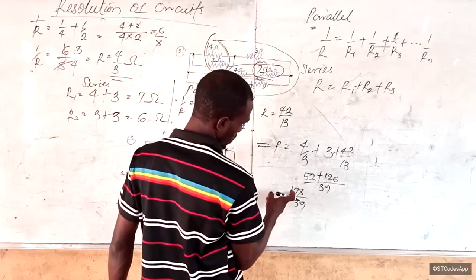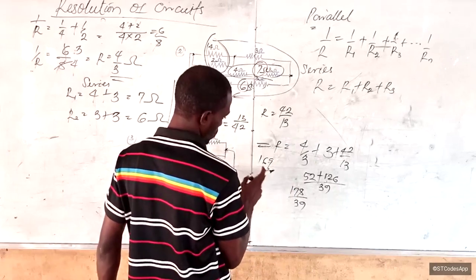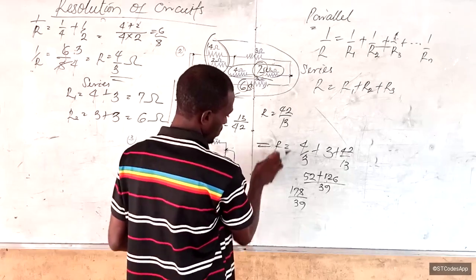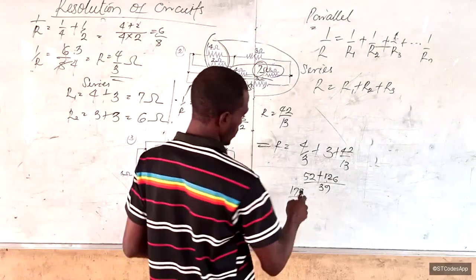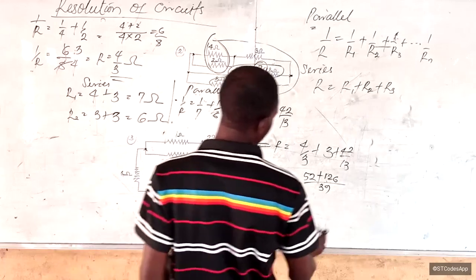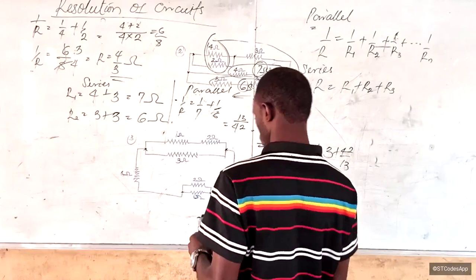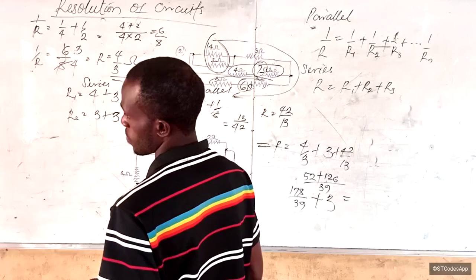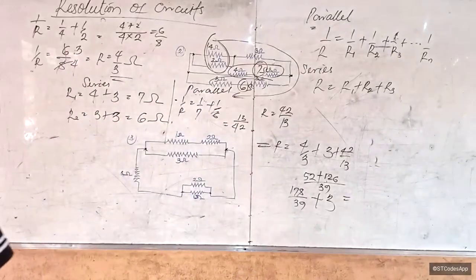Can 13 divide it? Alright, so what do we have? Use your calculator to solve this guy: 178 by 39, then plus 3 whole number, and resolve into fraction.